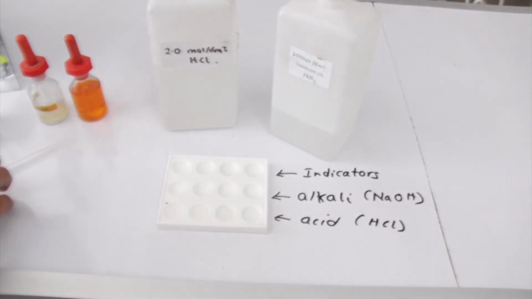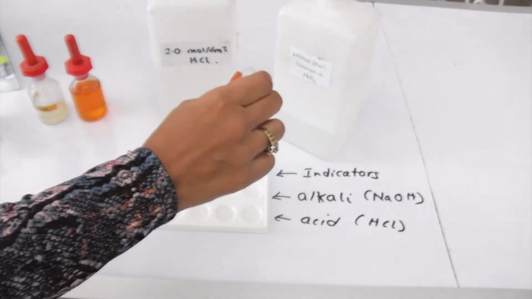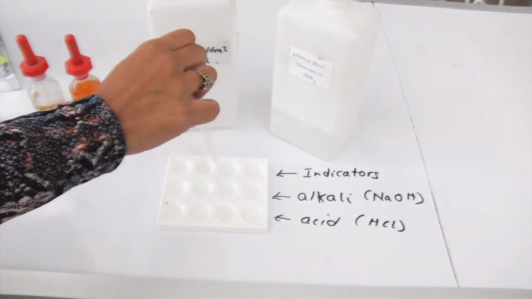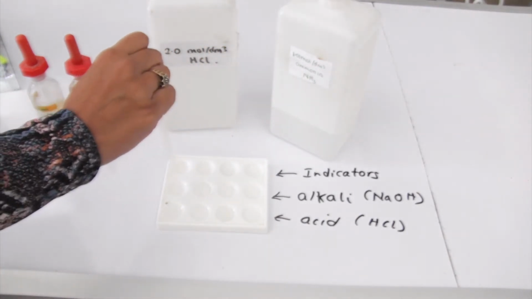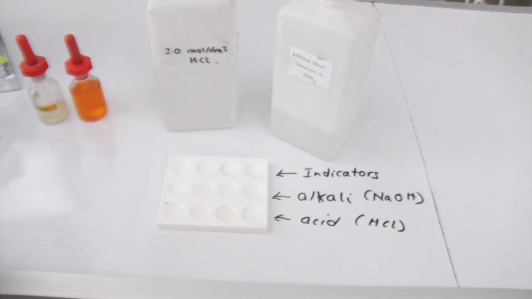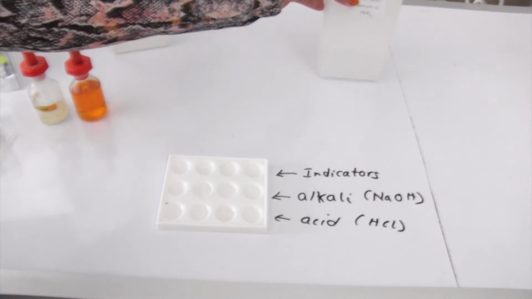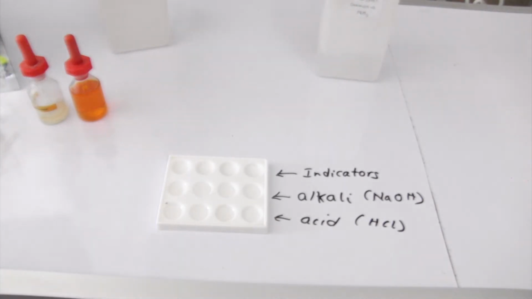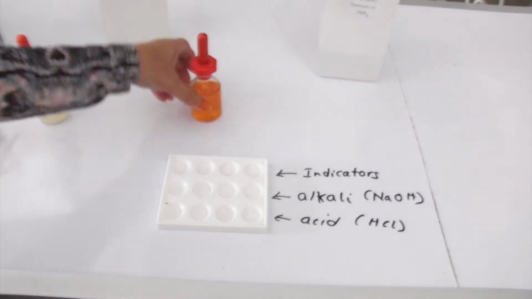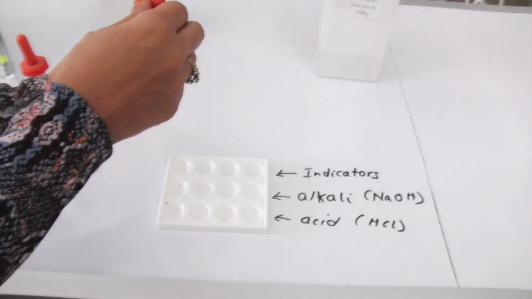And then the next one, I'm going to put sodium hydroxide. Now I'm going to use different indicators. So I have methyl orange, which is orange.